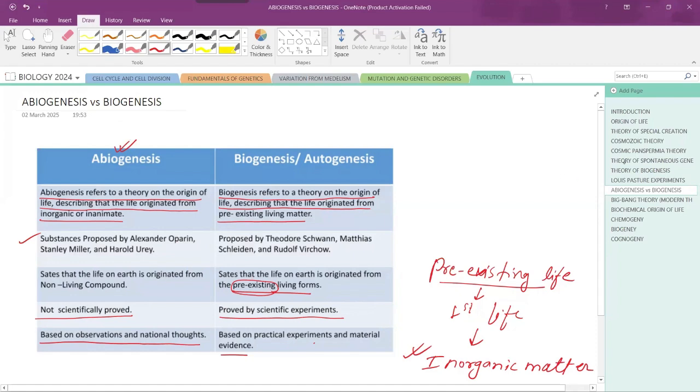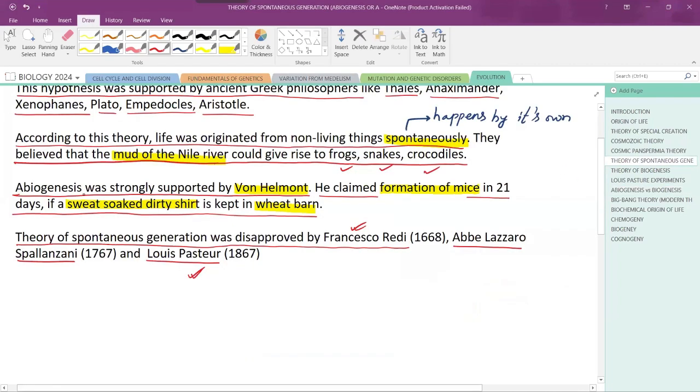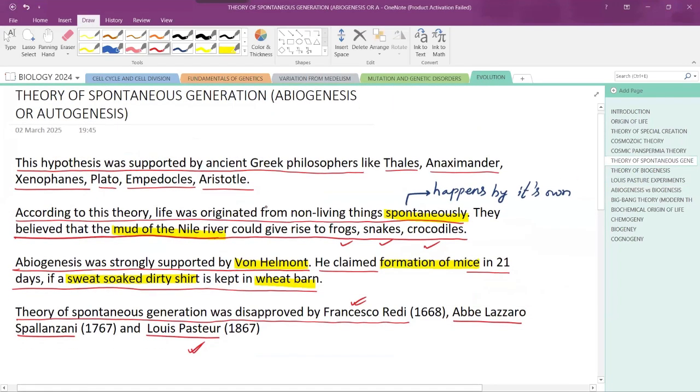But these abiogenesis events are ridiculous, and these theories have no scientific support, that the mud of the Nile River gives rise to frogs, snakes, or crocodiles, or that a sweat-soaked dirty shirt and wheat bran help in the formation of mice.